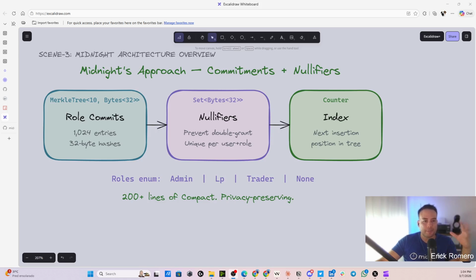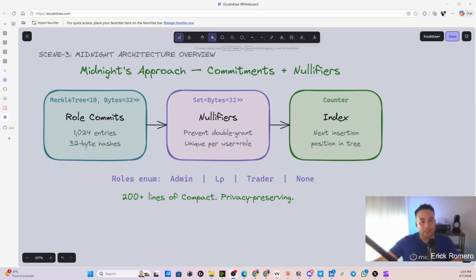The roles themselves are defined as an enum: admin, LP, trader, none. Now, here's the mental model that makes this click. On Ethereum, role storage is a lookup table. You ask, does this address have this role? And you read the answer directly from the storage.